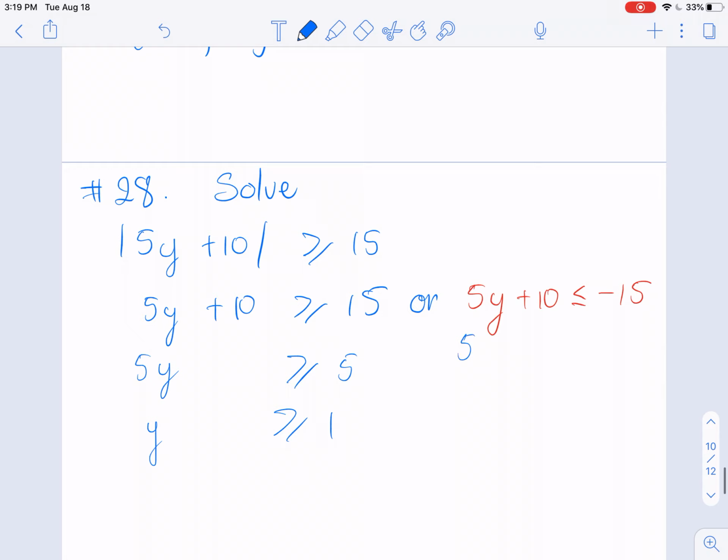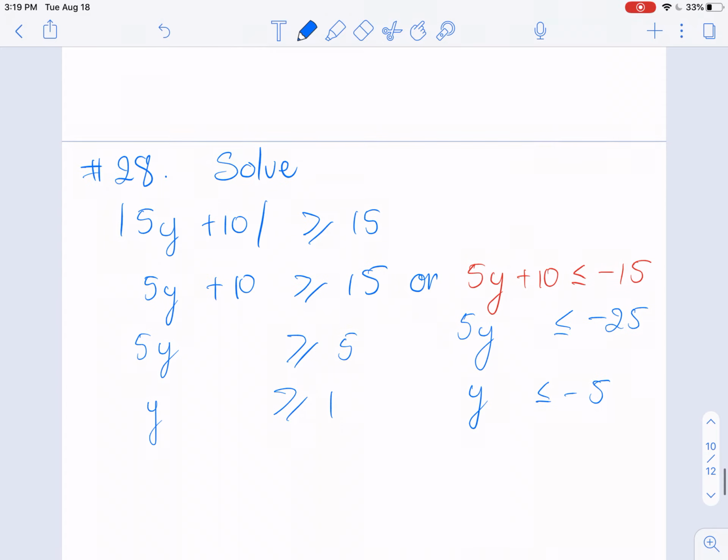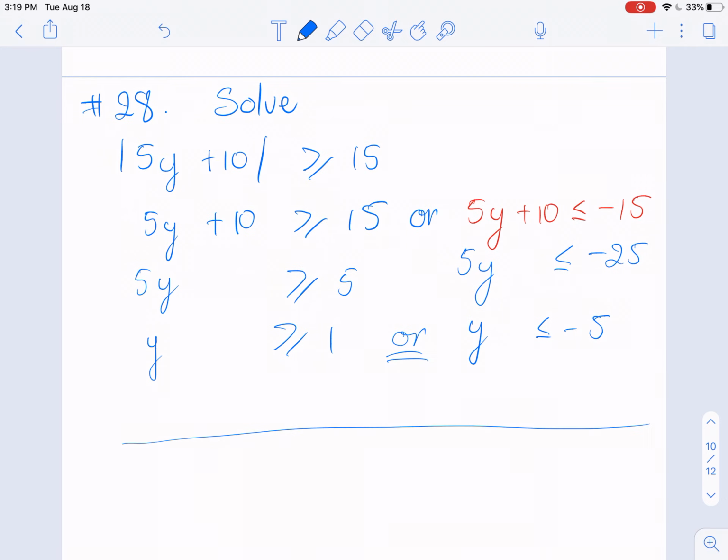For this one, negative 15 minus 10 is negative 25. So y is negative 5. And then notice that we have OR here. So if I want to graph this, we include both numbers.